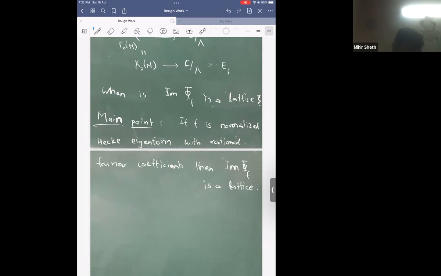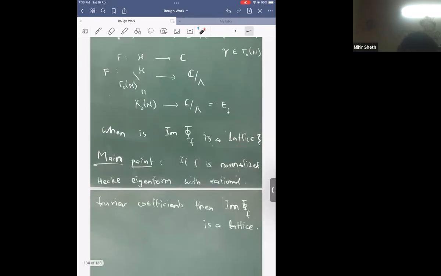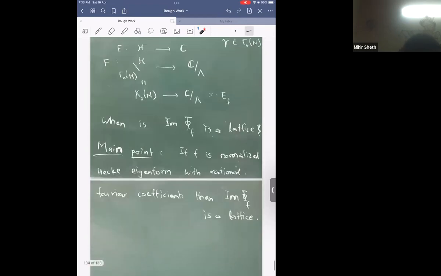Now, of course, this is not at all easy to prove. It involves the action of Hecke operators. I don't want to go into details because I don't know much.